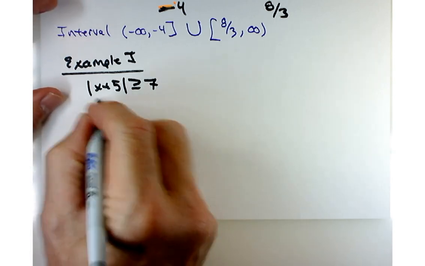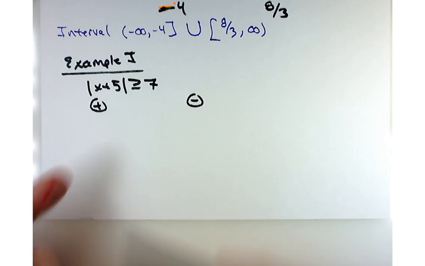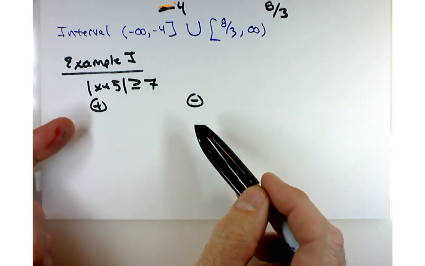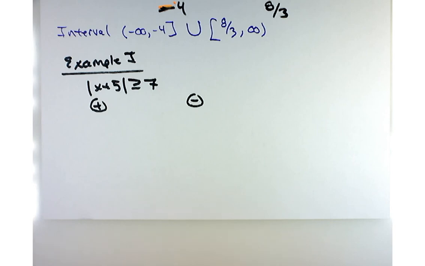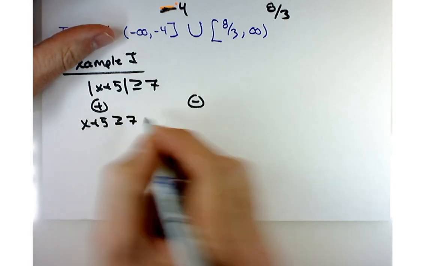So again, start with your positive case and your negative case. You have to consider both of them because both of them are going to contribute to the solution. Literally, if you wrote down this much, I'd give you a point just to start with. So x plus 5 is greater than or equal to 7.